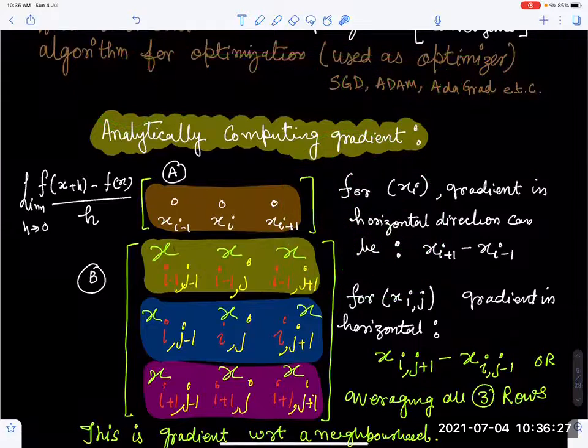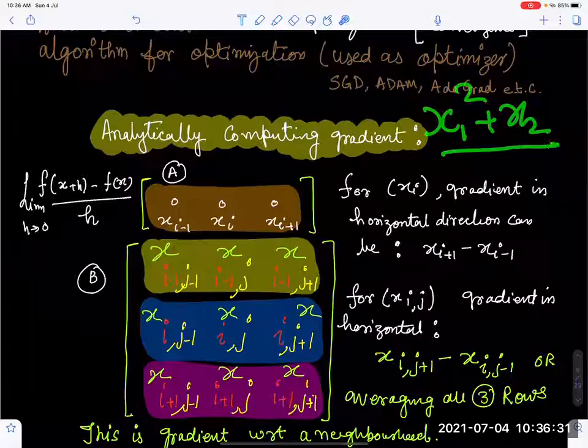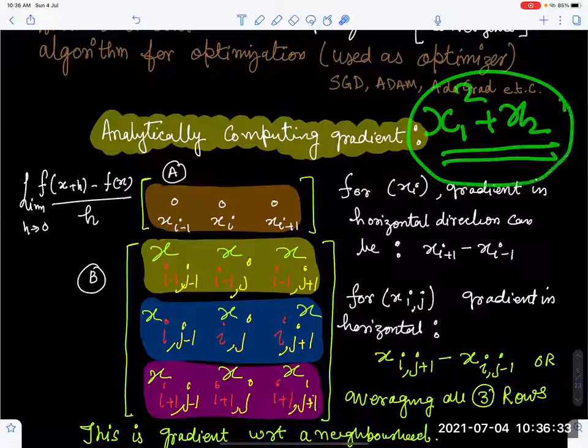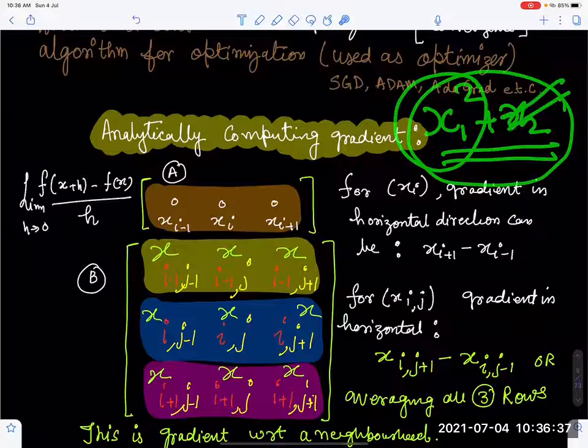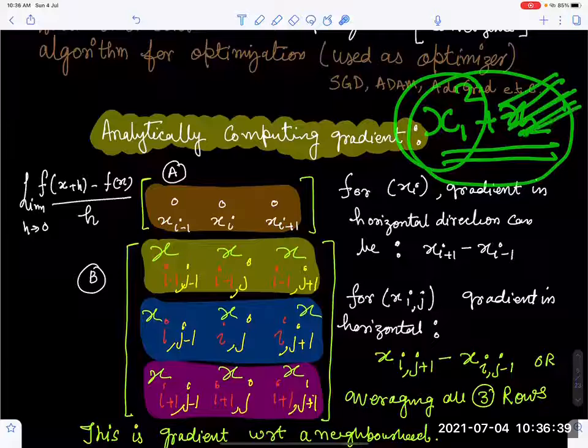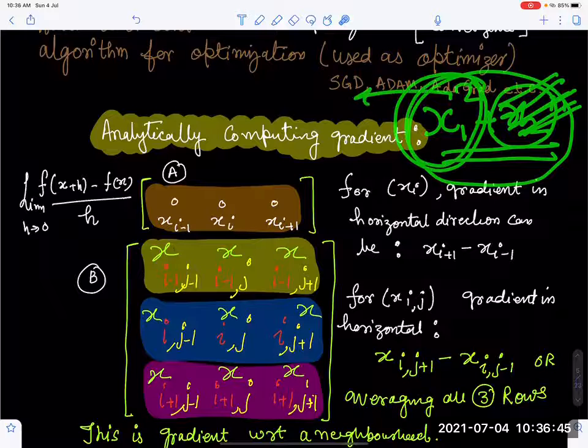What does it mean? If I have x1 square plus x2 and want its derivative with respect to x1, partial derivative, assume x2 to be constant. Its derivative is going to be 0, so you only differentiate the other term. You get 2 times x1. Is that clear?